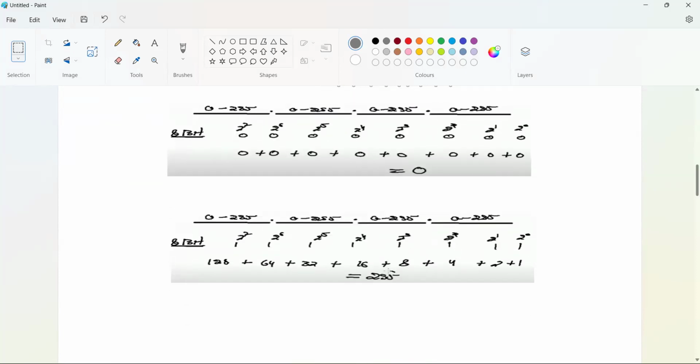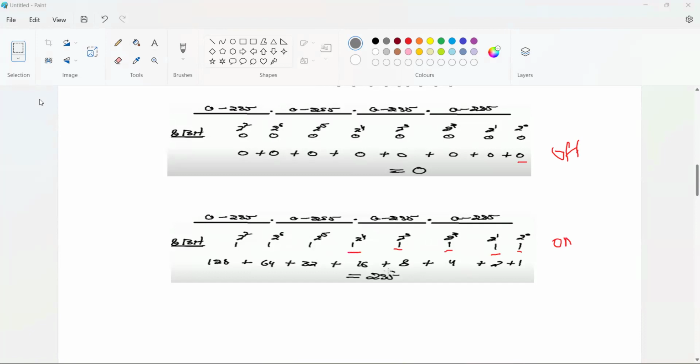Assume the values here are 1.1.1.1. Now the screen is visible. Now you are understanding 1, 1, 1. These are all bits that are on. 0 means off. 1 means on.